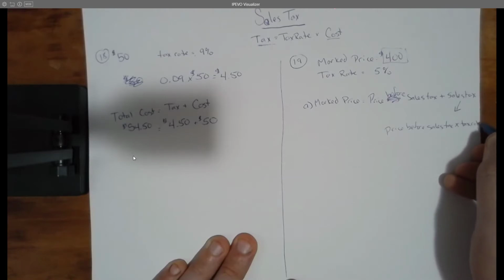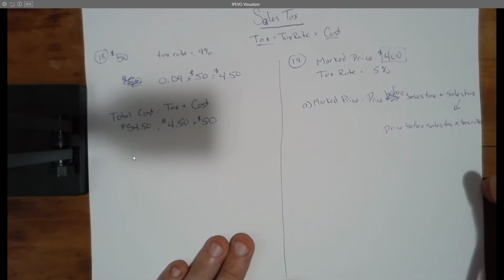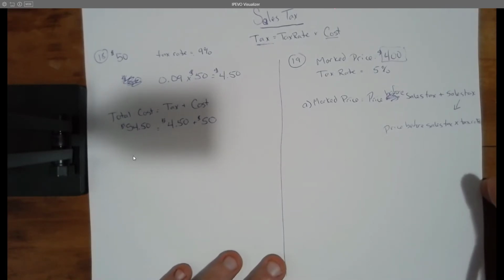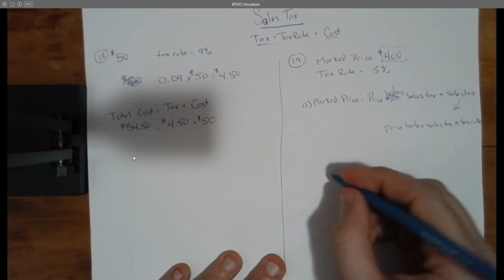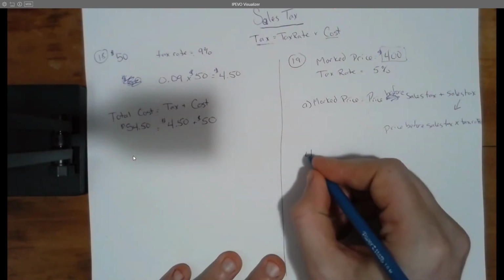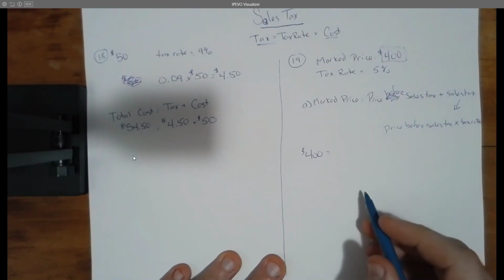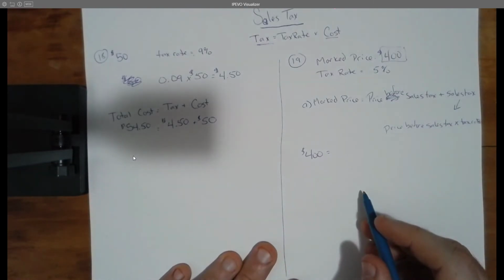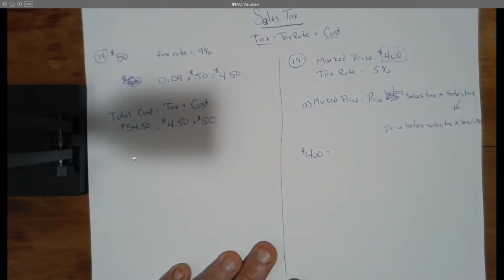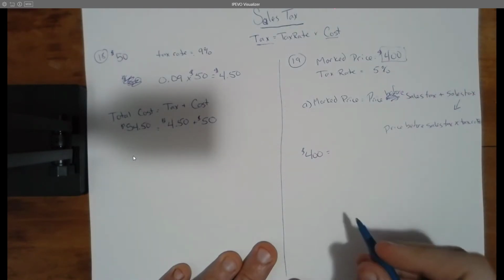Tax rate, running out of room here. Okay, this might look pretty messy, but let's try filling in now what we know. We know the marked price, 400 bucks. The price before the sales tax, we don't really know that so much yet.